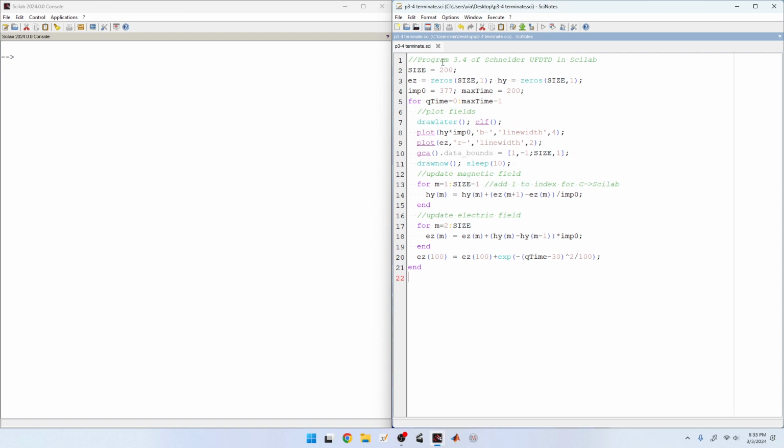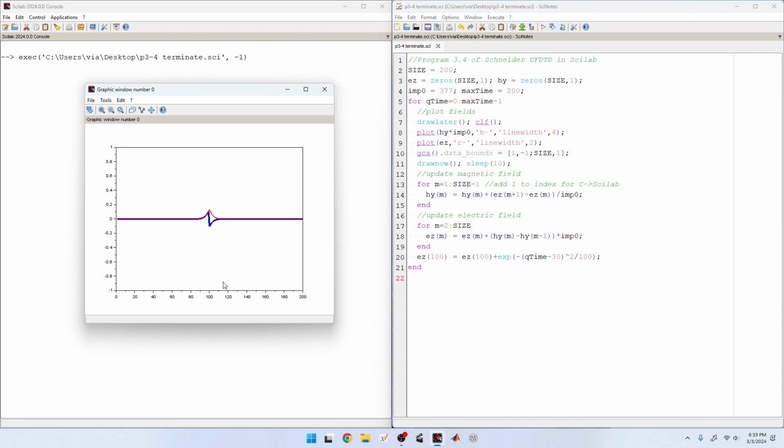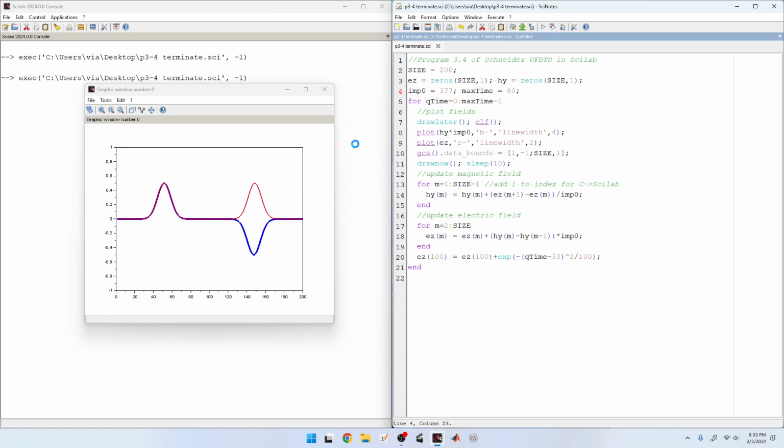So here we are with our code corresponding to program 3.4 in the Schneider text. And this is where we left off last time. Let's go ahead and run that. So here we have a source in the middle. Okay, and let's run this for a short period of time.